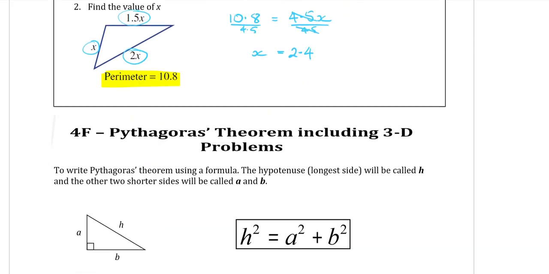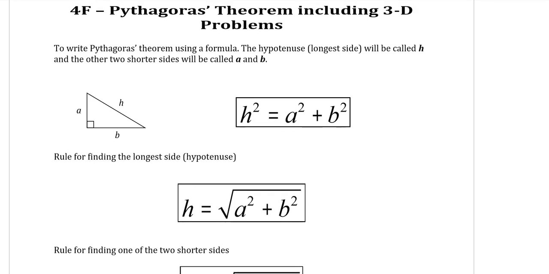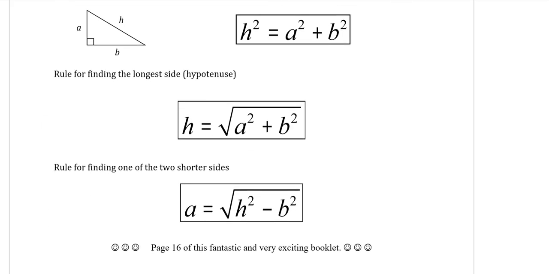Okay, Pythagoras' theorem time. So the original formula for Pythagoras' theorem is that the hypotenuse squared is equal to a squared plus b squared, where a and b are the two shorter sides in your right angled triangle. However, for most people, you may prefer to rearrange the formula so that you have these two here below.